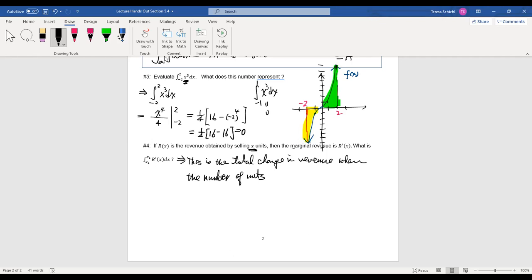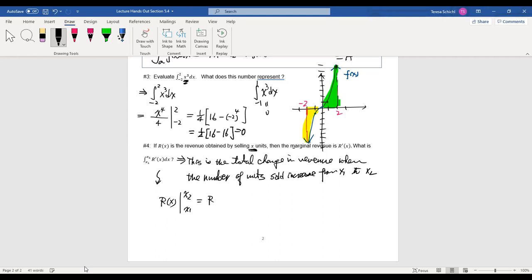Okay, so the increase from x1 to x2, right? Now, here we have R prime of x, so by the fundamental theorem of calculus, this is R of x, because you find the antiderivative, then you put in the upper and lower bounds.